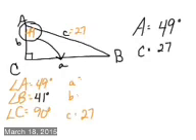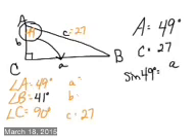It's opposite of the 49, right? And the side that they gave you, was that the hypotenuse, or was it one of the other two sides? So which one deals with opposite and hypotenuse? Sine does, right? So the sine of 49 degrees equals a divided by 27.